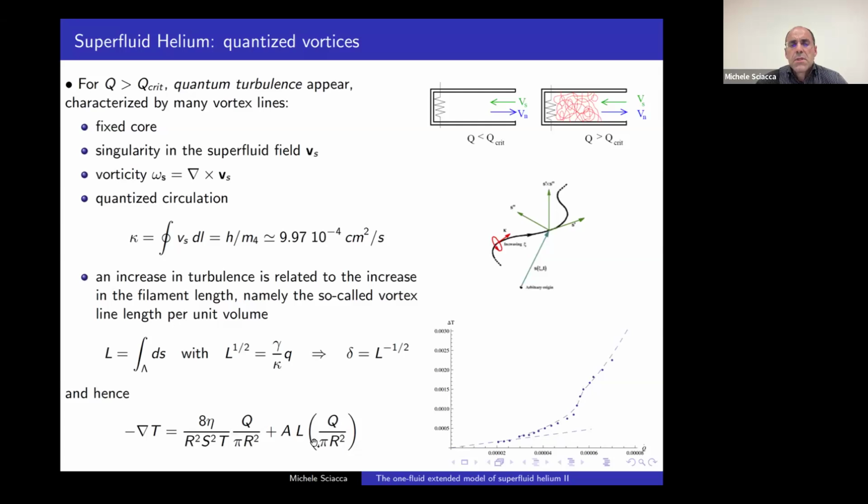In these terms, the relation between the gradient of T and the Q in those experiments may be explained. This part of the experiments may be explained by the presence of L, the vortex line density, which grows when the externally applied heat flow grows.